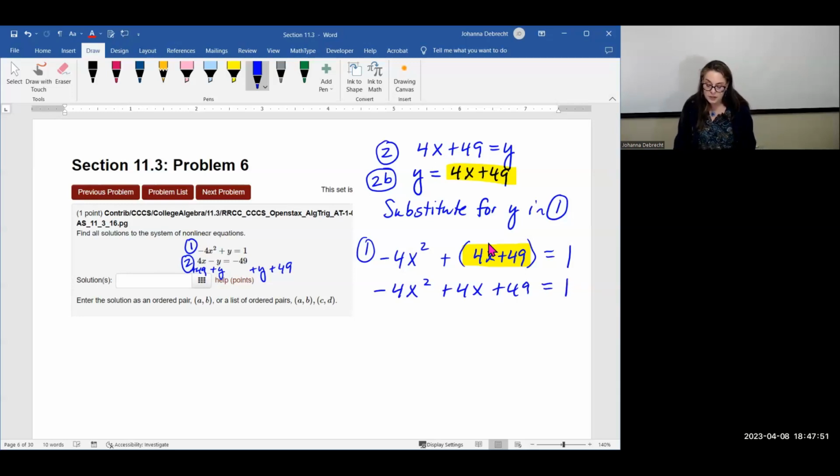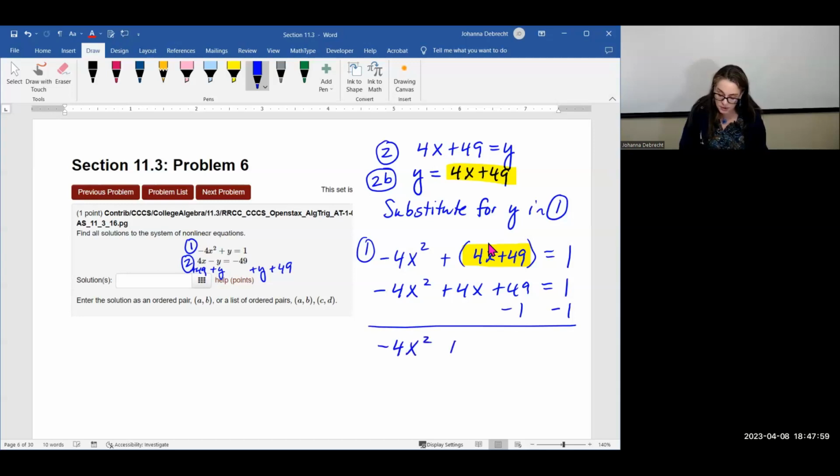The next thing I'm going to do is subtract the 1 to get everything on one side of the equation. This gives me negative 4x squared plus 4x plus 48 equals 0. Now, I don't like the x squared term being negative, so I want it to become positive. But notice that all the coefficients are multiples of 4. So I'm going to divide not by 4, but by negative 4 to reverse all of my signs.